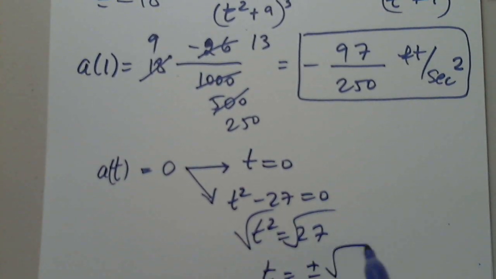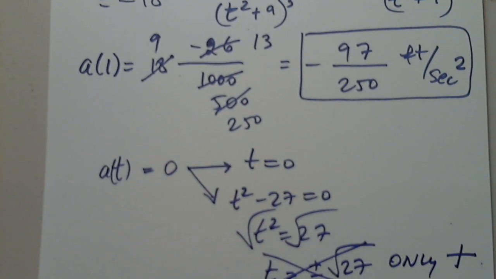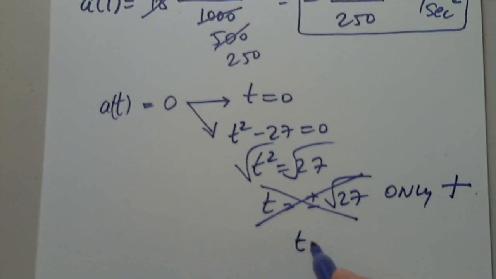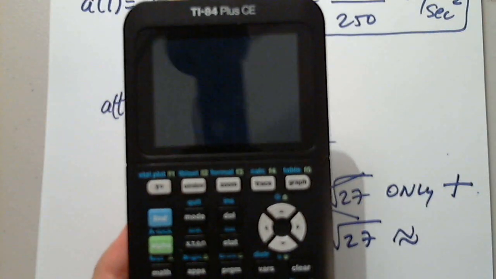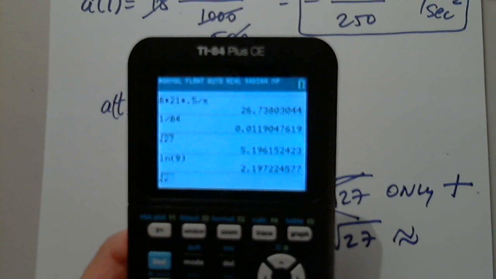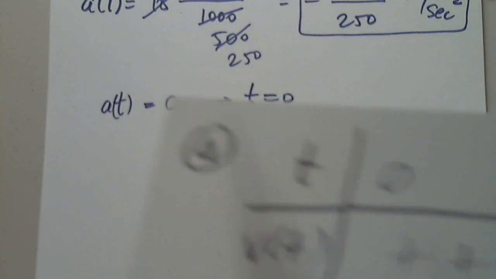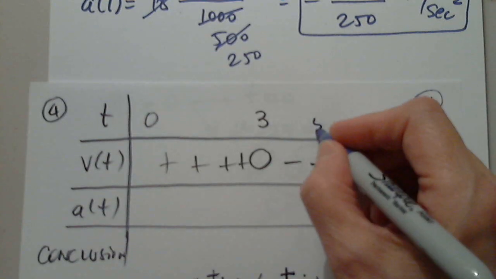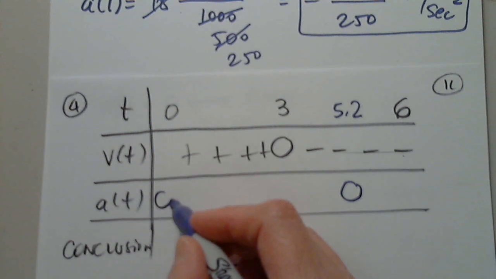It will be plus or minus the square root of 27, however, only plus. We're talking about time. So t equals the square root of 27. And I'll approximate that right here on the spot. So the square root of 27 is 5.2. So approximately 5.2 seconds. I go to my table. I have 5.2. Acceleration is 0 here, and at t equals 0.